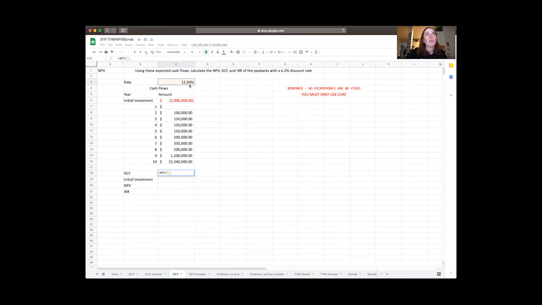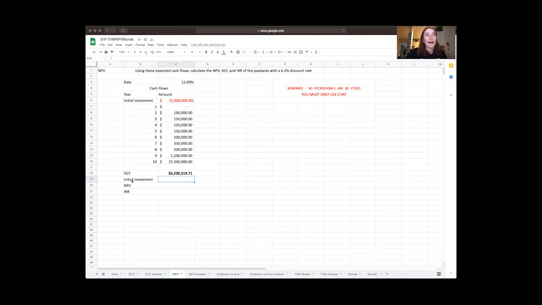So you just click your 12%, and then comma, and then your cash flow. Now, even for this one, you include year 1 because it's still a year, you just didn't make any money, right? So you end up with 6,200,319.